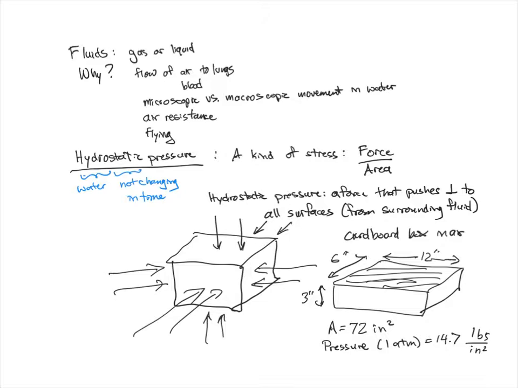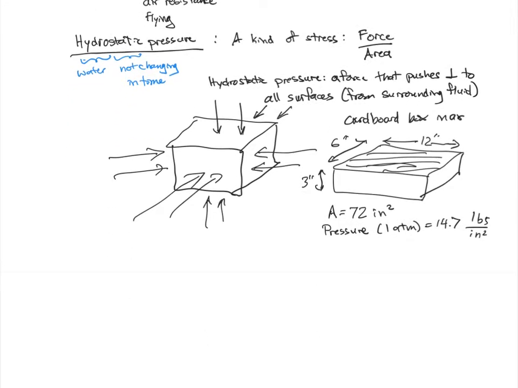We'll talk in a little bit about SI units for pressure, but for this, let's stick with imperial units. So pressure is force over area. We could rearrange that to get that force equals pressure times area. So that's 14.7 pounds per square inch times 72 square inches.